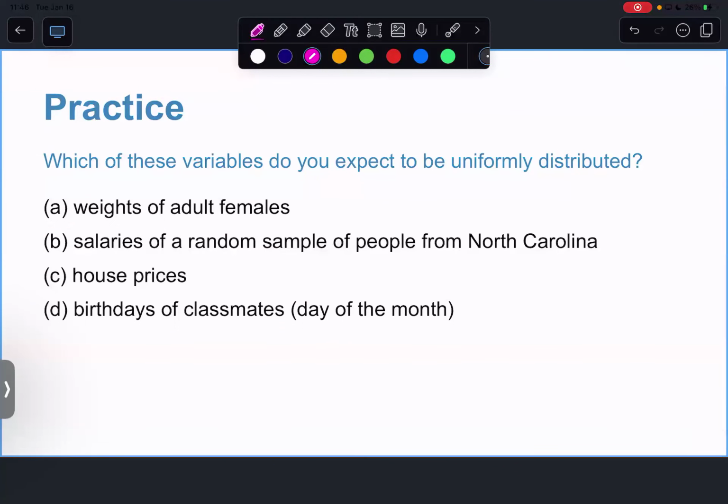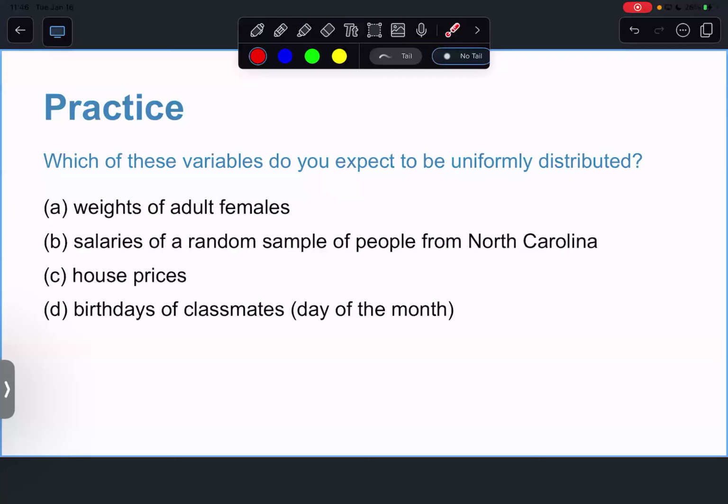One skill that's going to be really useful, especially if you're tackling data that you might not be very familiar with, is just knowing what to expect in terms of the shape, right? Because then you can say, well, that's not what I expected. So which of these variables do you expect to be uniformly distributed? We're going to talk about the potential distribution of all of these, obviously. We'll start with the weights of adult females.